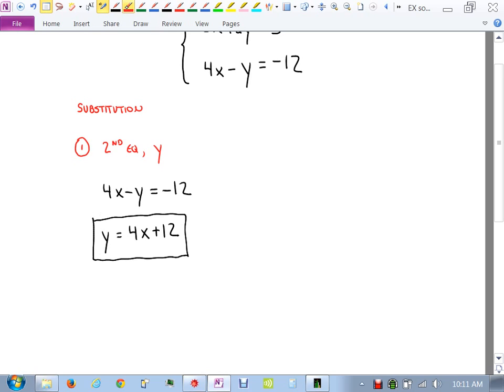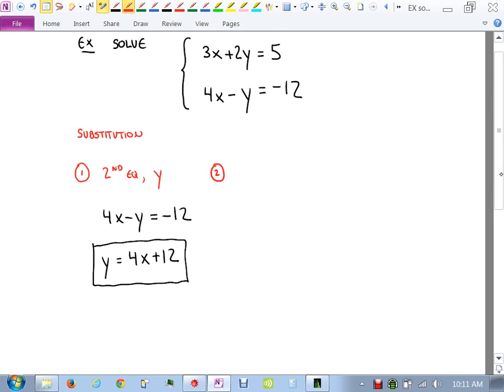What's my second step? Plug this answer that I get from 1 into the other equation. Now, my other equation was 3x plus 2y equals 5, right? And I'm going to replace the y with 4x plus 12.